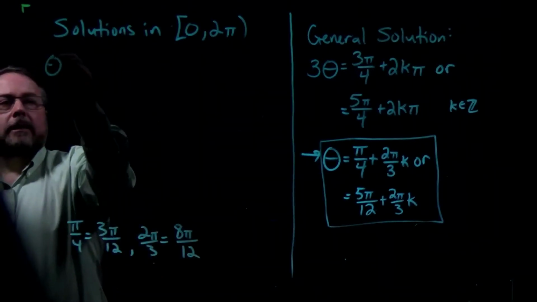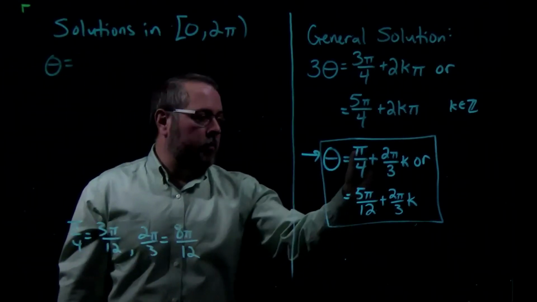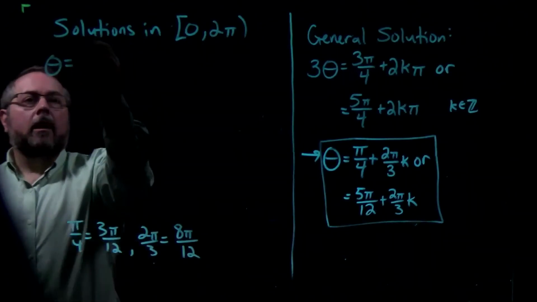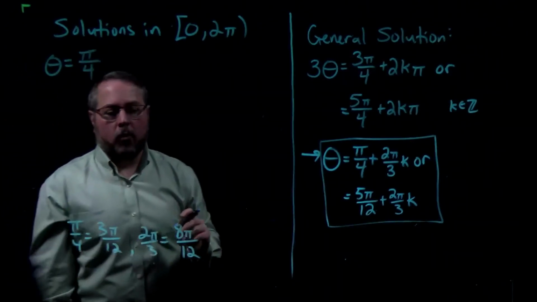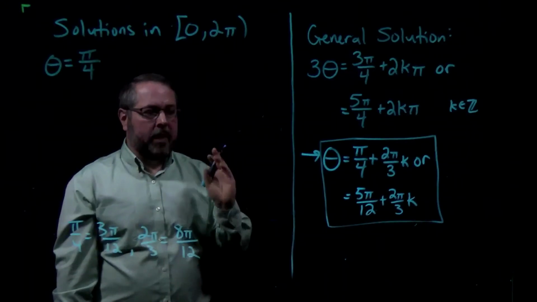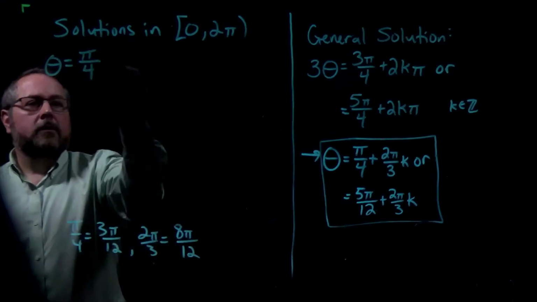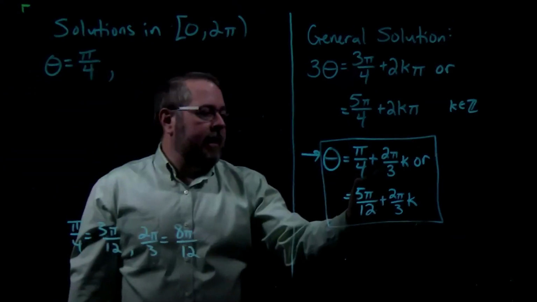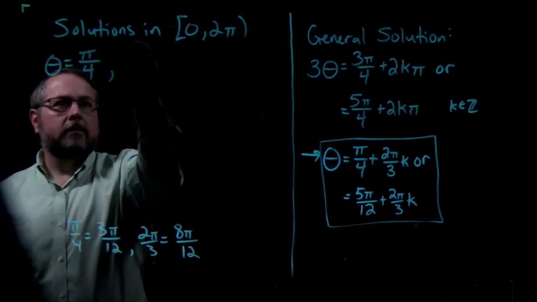So theta is going to be, so again, I'm going to start with the first expression for theta. At k equals 0, we'd have pi over 4. Okay, so it would just be pi over 4 plus 2 pi over 3 times 0. At k equals 1, it would be pi over 4 plus 2 pi over 3.